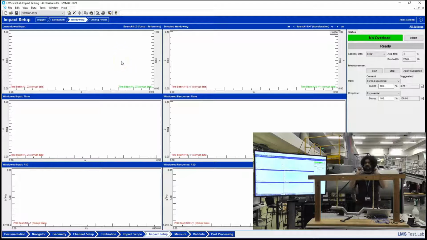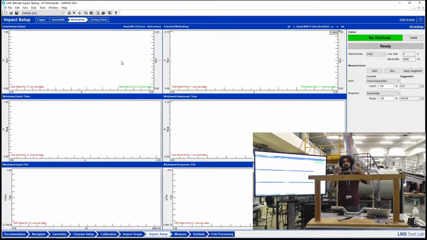Now the next step is we want to make sure that windows are applied. What are windows? Windows are just multiplication functions applied to the signals we are using. We want the hammer to be a perfect spike, so that it doesn't ring after the spike, and we also want the decay of the accelerometer to reach 0 at the end of the 4 seconds, and this might not happen, because even after 4 seconds, this is still vibrating.